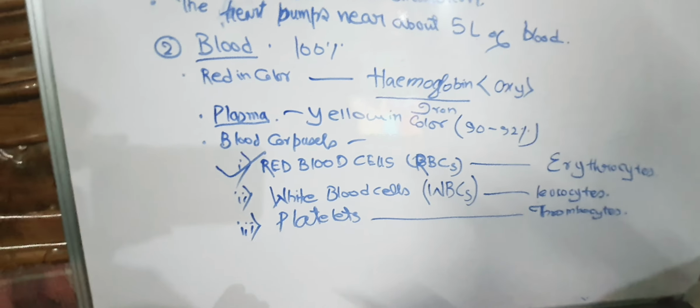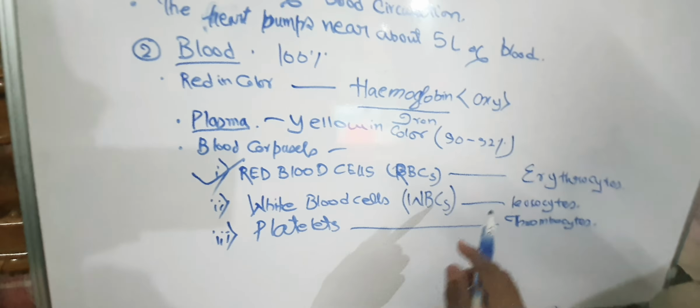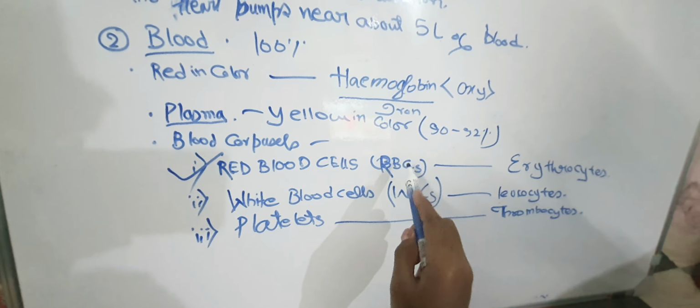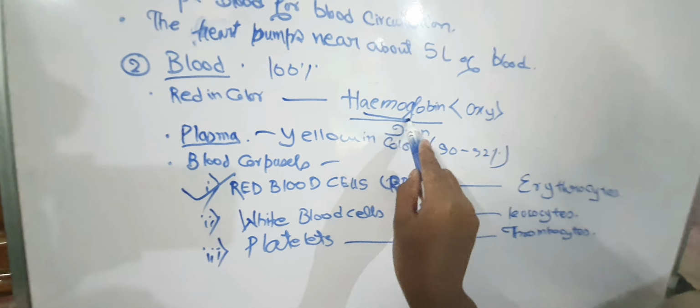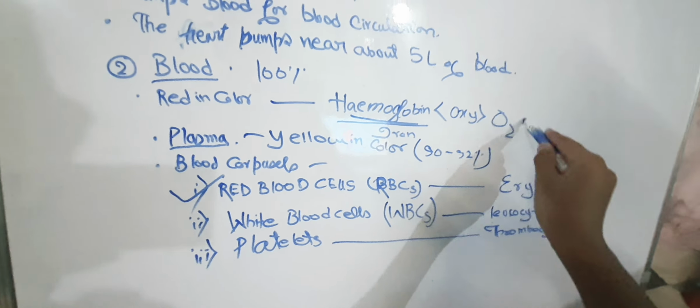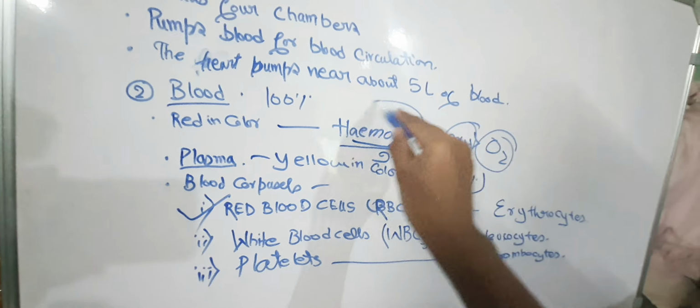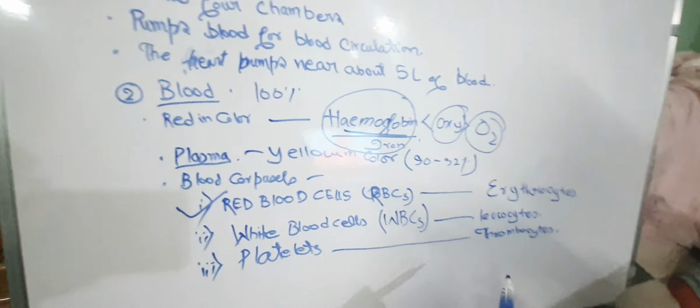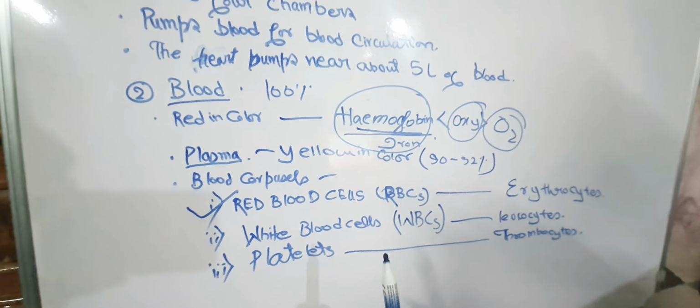First, red blood cells. The function is that they contain hemoglobin, which reacts with oxygen to form oxyhemoglobin. So the hemoglobin now contains oxygen.